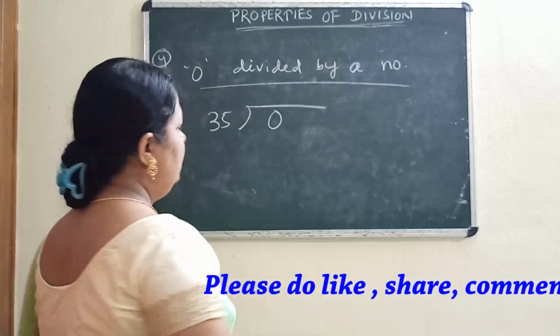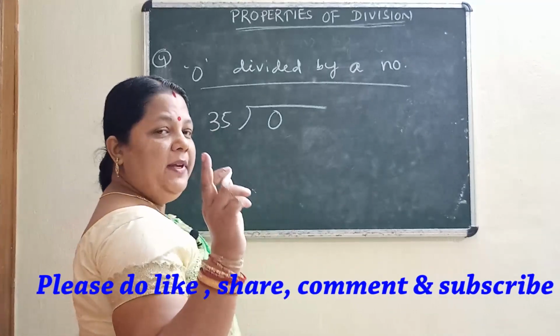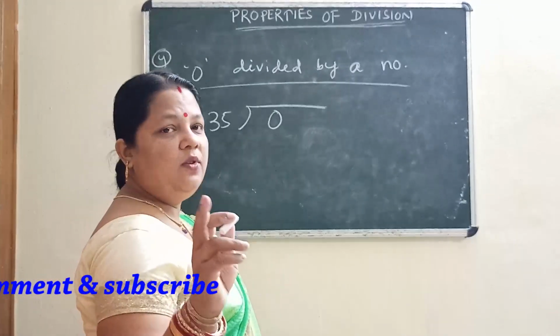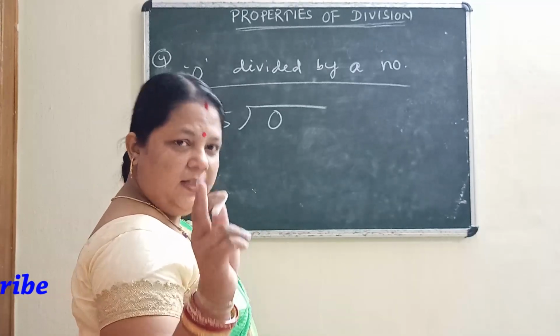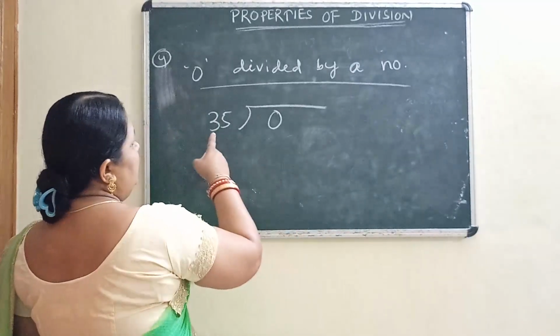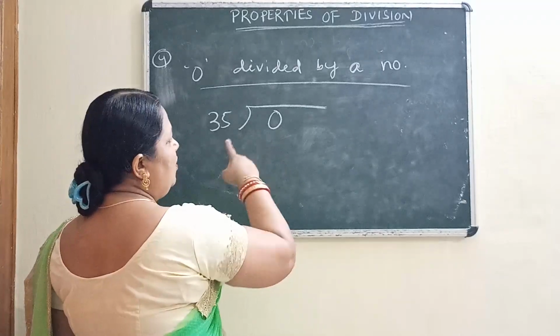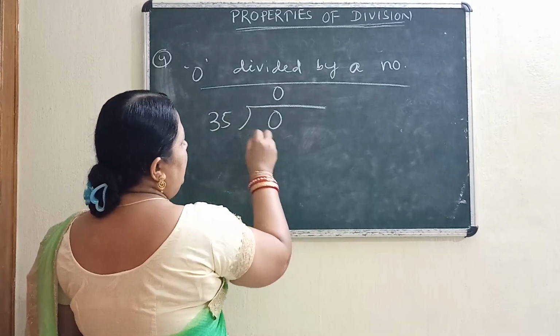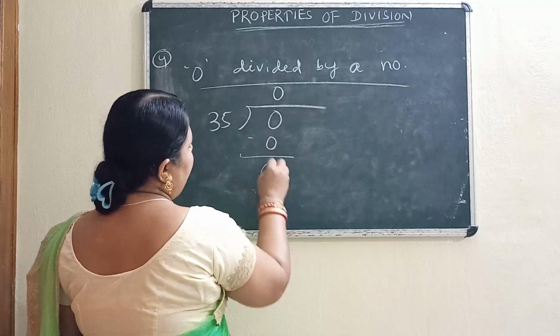So what will you do? According to multiplication, do you remember or forgot? Any number you multiply with 0, the product is 0. So 35 is here, 0 is here. How to form 0? 35 multiplied by 0 equals 0.